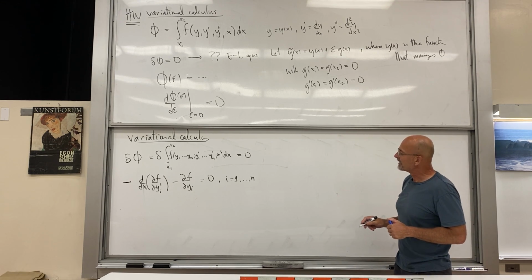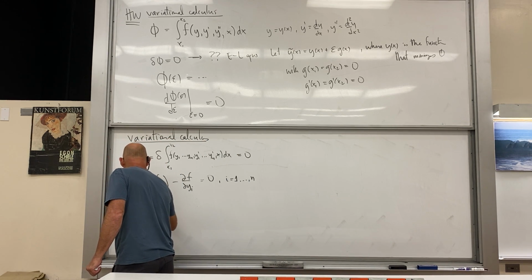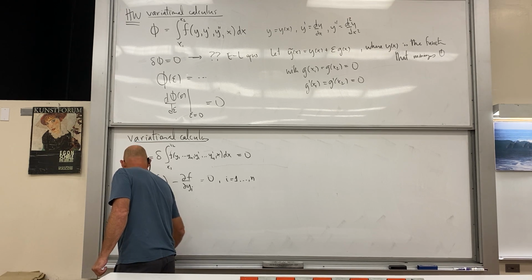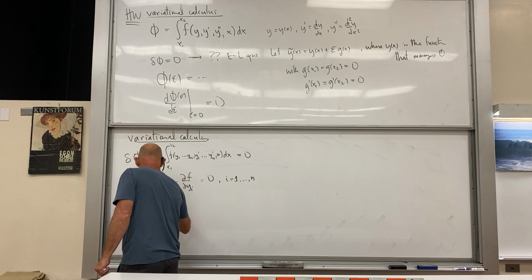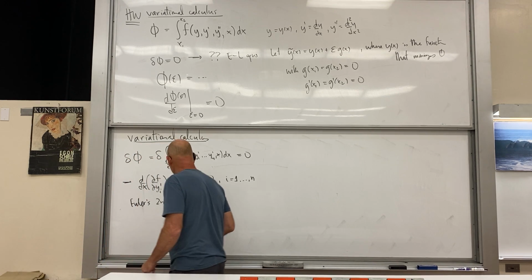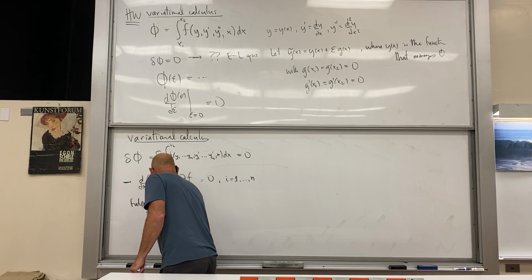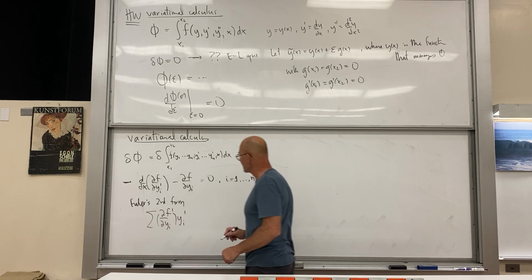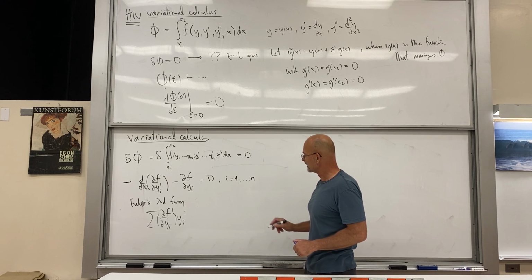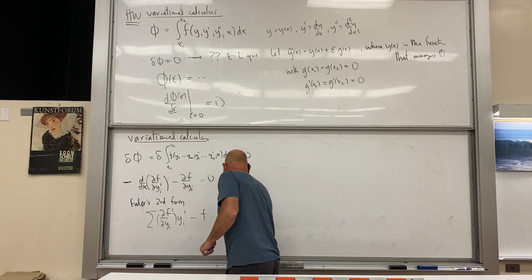And the other thing we have is Euler's second form, which is that the sum of partial f over partial y sub i prime times y sub i prime, minus f, is equal to a constant.